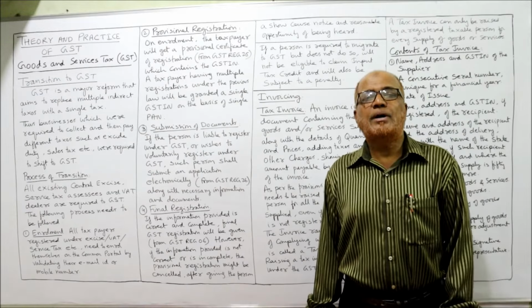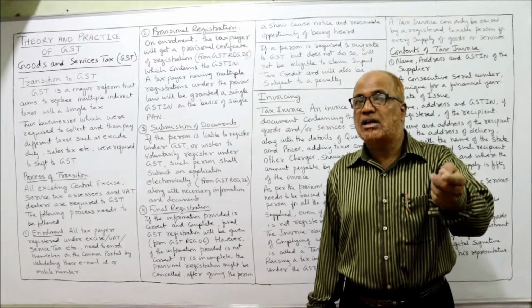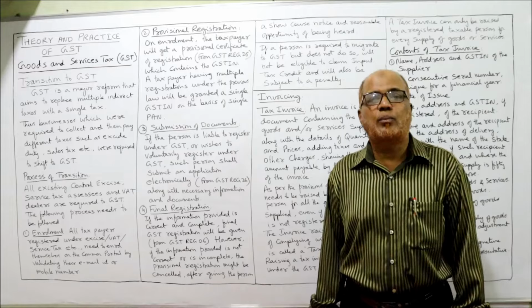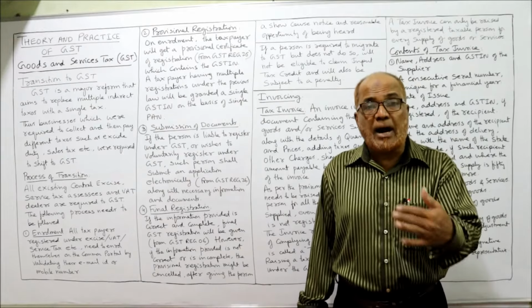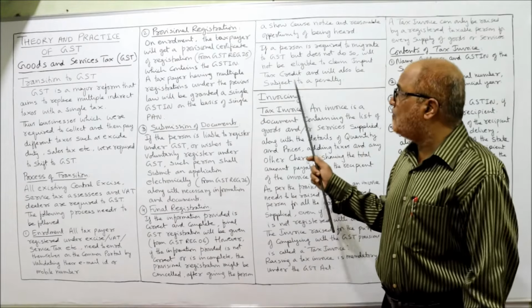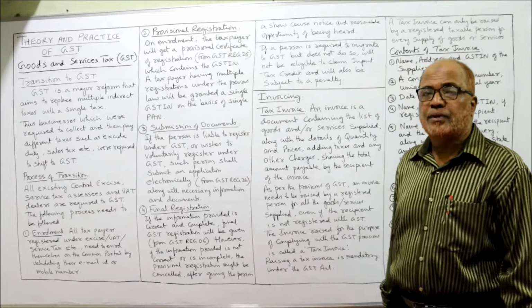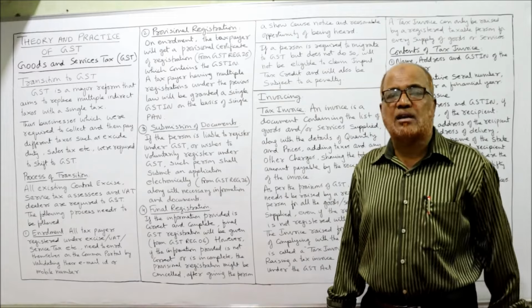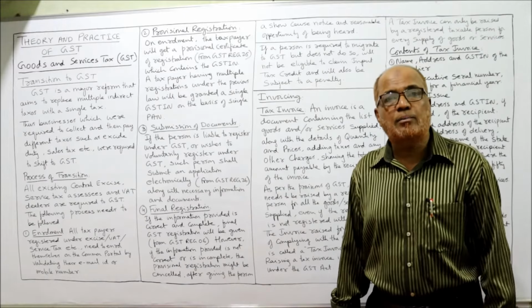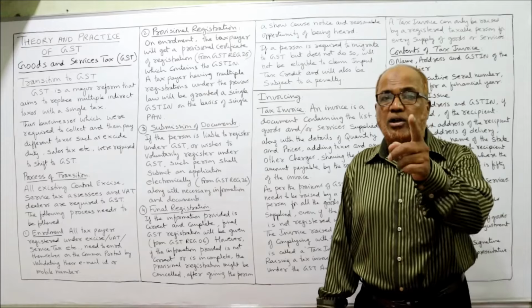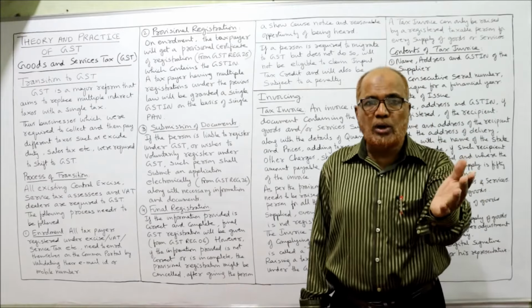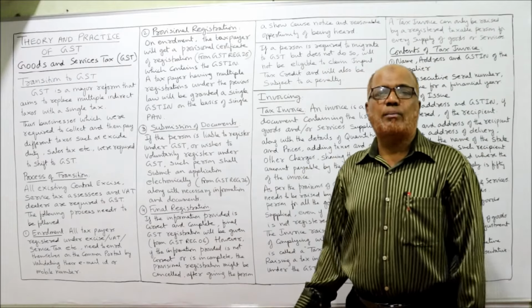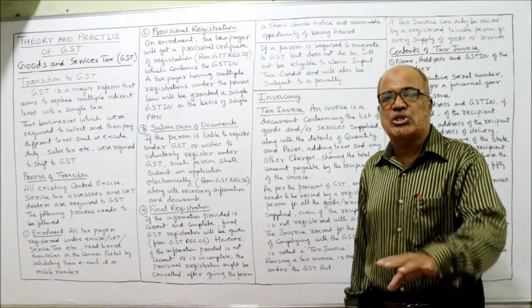But if a person has not registered under GST, he will not be able to claim the input tax credit. Apart from that, the person is subject to a penalty. Not only is he not eligible for getting the input tax credit, but also the person is liable for a huge penalty if he has not converted from the old system to GST. So these are the provisions you have to remember regarding the transition to GST.